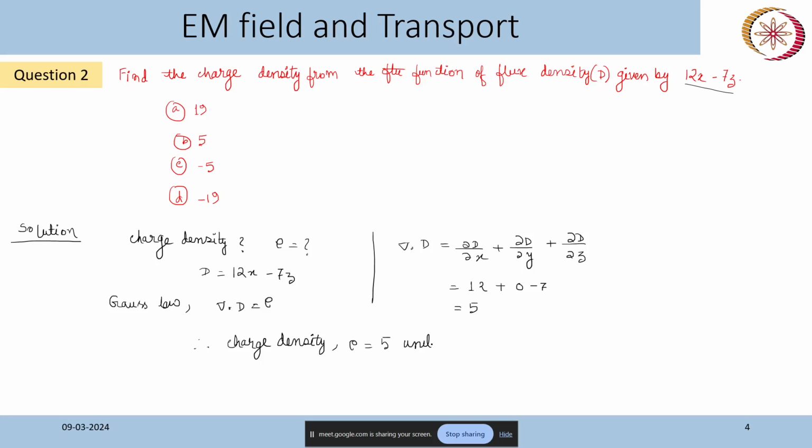Units are not given, so I'm just writing units. Typically this unit will be coulomb per centimeter cube. So our answer is B, 5.